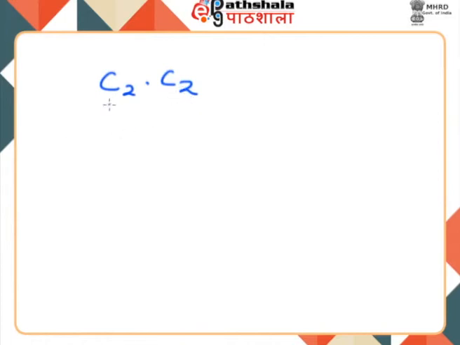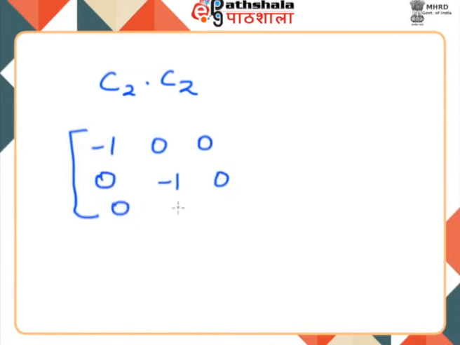So if we take this C2, which we already know is represented by this matrix, it is minus 1, 0, 0 and 0, minus 1, 0 and 0, 0 and 1.